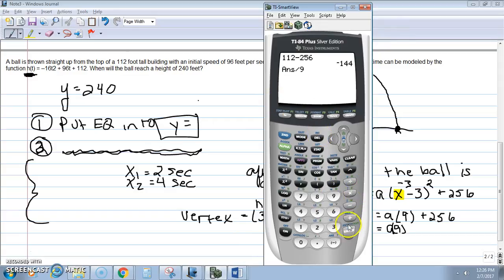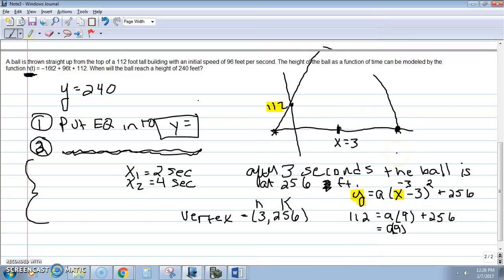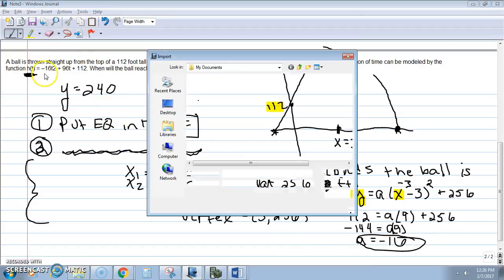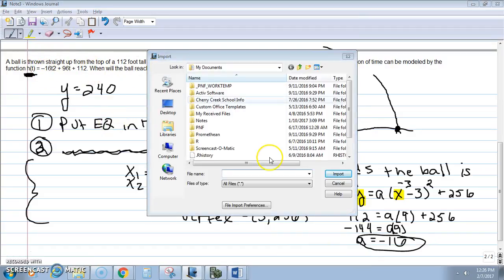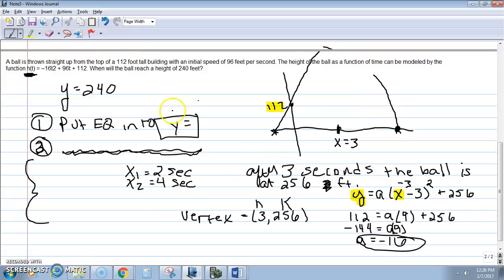I'm going to do that really quick. Yeah, so you'll see what I said. So this is negative 144. If I divide both sides by 9, a is equal to negative 16, which of course it is, because, follow my cursor, my original equation, a is negative 16, so that was a little bit more work than I actually needed to do.